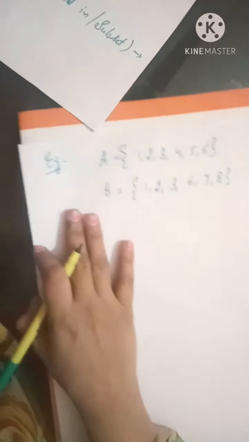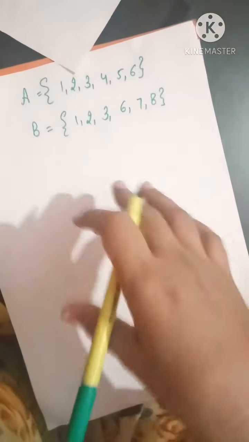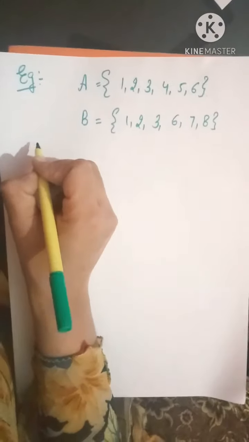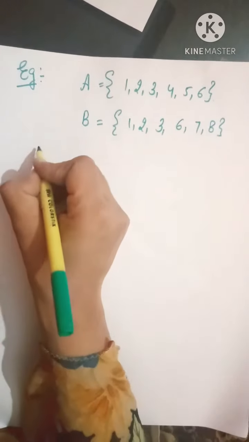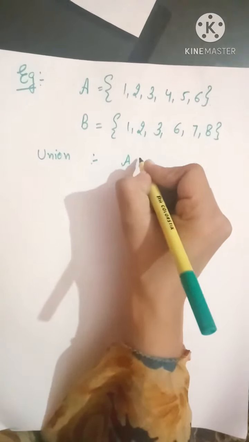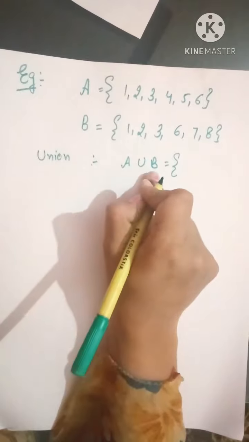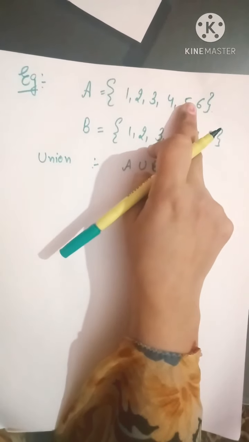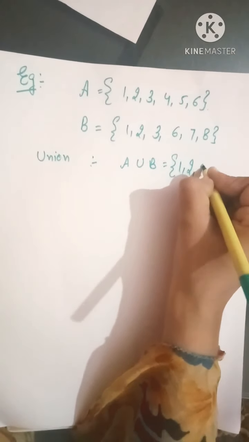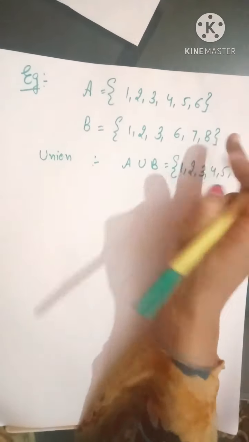If you have a set A as 1, 2, 3, 4, 5, 6 and set B as 1, 2, 3, 6, 7, 8, then the union of set A and B is represented as A union B, and the elements in A union B are the elements of set A plus the elements of set B, that is 1, 2, 3, 4, 5, 6, 7, 8.